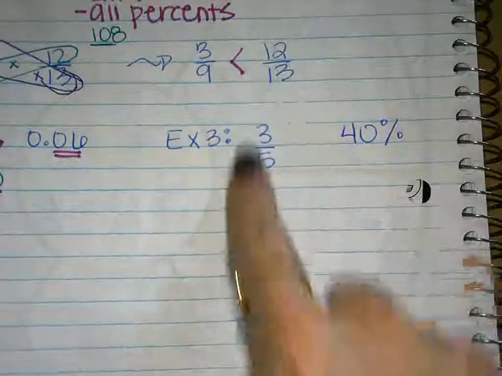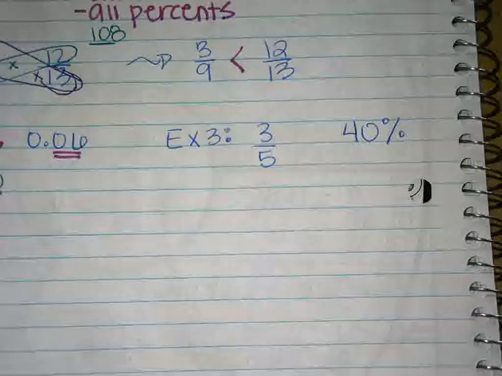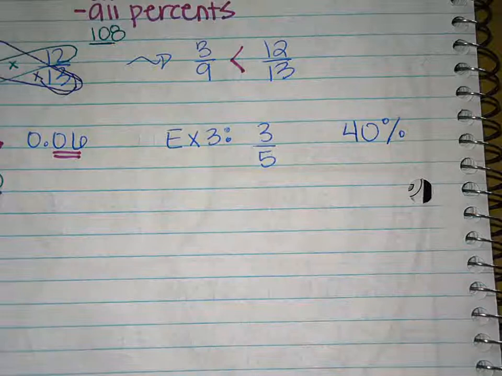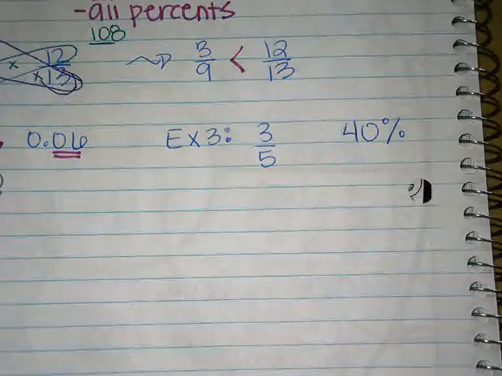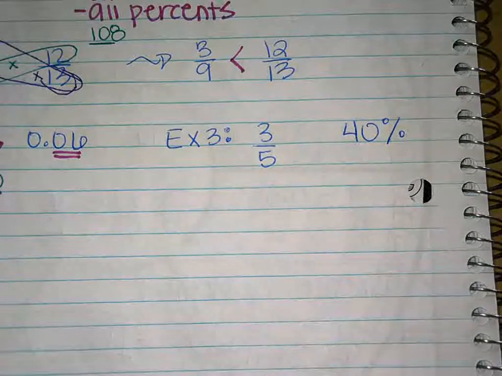Now, I want everyone to change this fraction to a percent for me. Tell me what 3/5 is as a percentage. It should be one of our quick and easy ones. I gave you a trick for it.